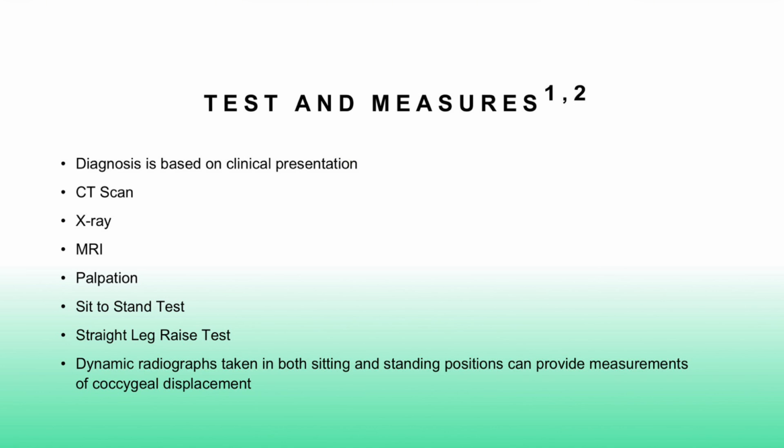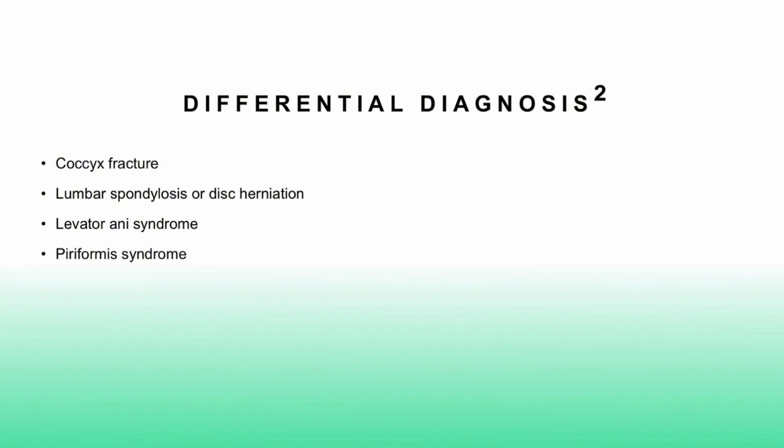So, for conditions that also mimic this condition, you can have a coccyx fracture, and this will be able to be seen through an X-ray. Lumbar spondylosis or disc herniation will also be able to be seen through MRIs and things like that, and the pain that the patient would experience would be a little bit different compared to our condition.